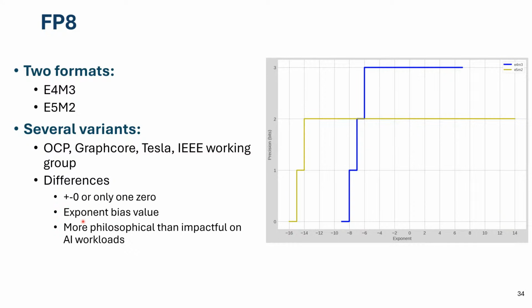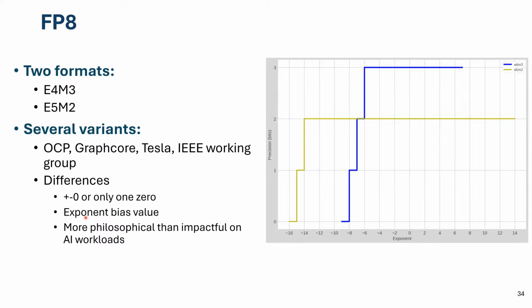Also, exponent bias choice. OCP formats follow an IEEE approach on choosing the exponent bias, just based on the bit count. Others were proposing changing the bias to something else. I would argue in practice that really doesn't matter because FP8 certainly needs scale factors per tensor or even finer granularity.